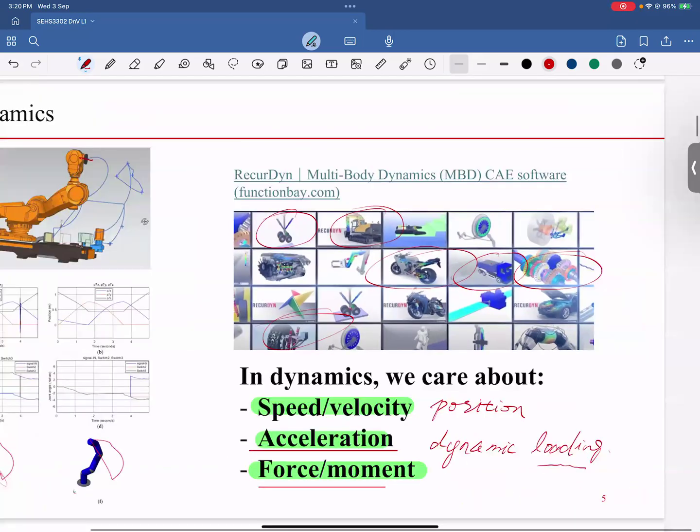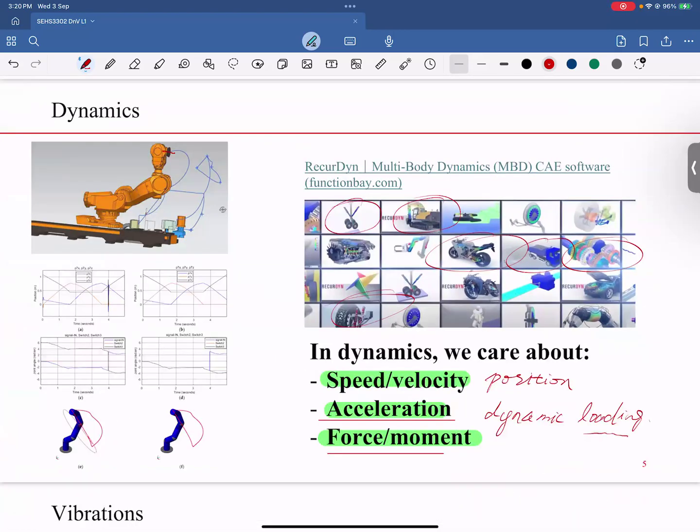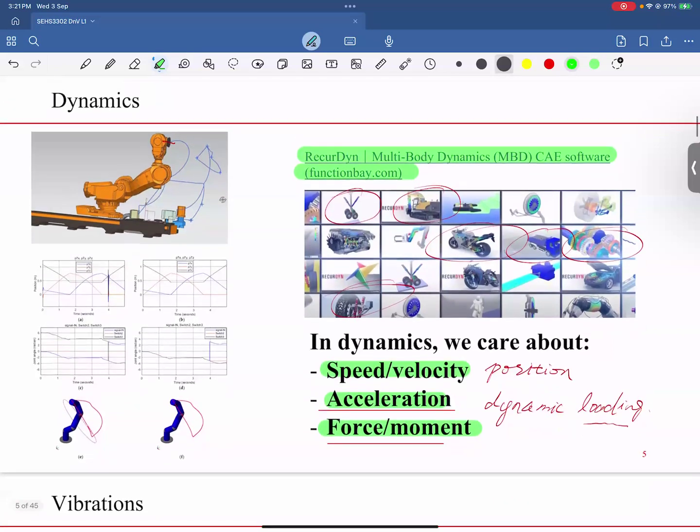Actually, this is also a software, and it has a student version, and you can visit this link to download and try, and you will know some aspects of dynamics application. It's developed by Koreans.